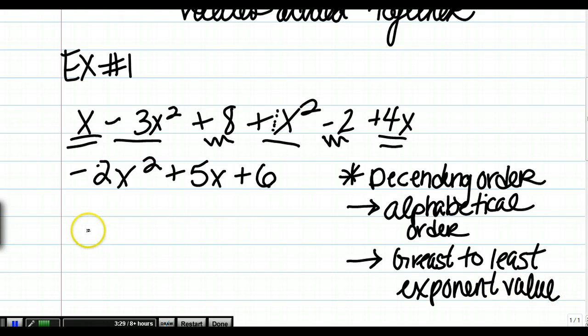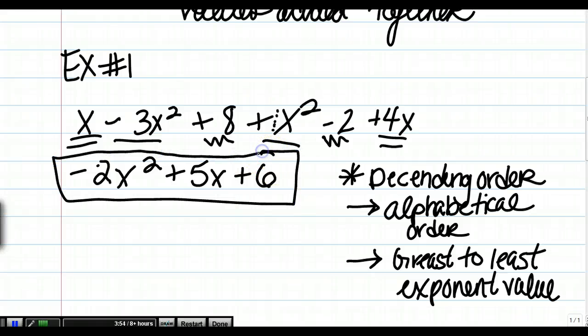So after you combine like terms, you want to make sure it's in descending order. It needs to be in alphabetical order, but there's only x's, so you don't have to worry about that for this one. But you need to make sure it's from greatest exponent value to least. That's why I have x squared, then x to the first, and then nothing. So this one is in the correct descending order already.